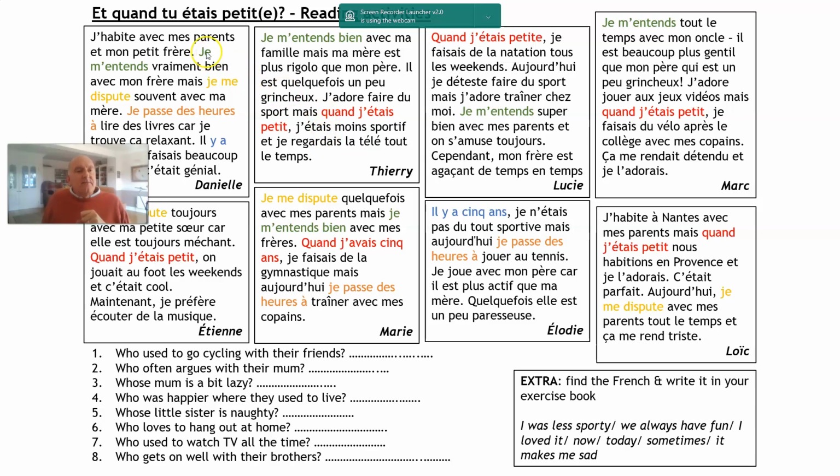So in green here, I've picked out je m'entends, I get on well with, je m'entends bien. If I pick out the ones in red, quand j'étais petit, when I was small, quand j'étais petite, when I was small, and again there.